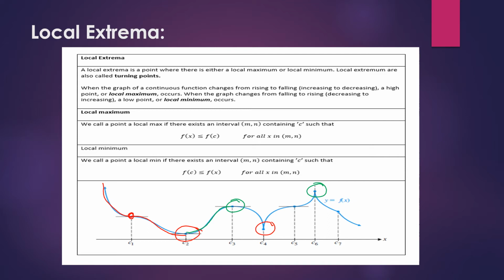From C3 to C4, the function is decreasing, so increasing to decreasing creates a max. And then from C4 to C5, I'm increasing, so that created a min. From C5 to C6, I continue to increase, and that's why C5 did not become an extrema. And then at C6, I went from increasing to decreasing, so it created a maxima. And then I continue to decrease, which is why C7 would not be anything.